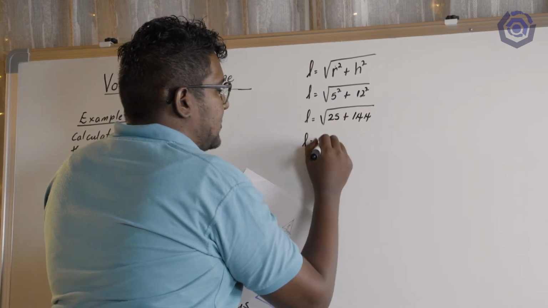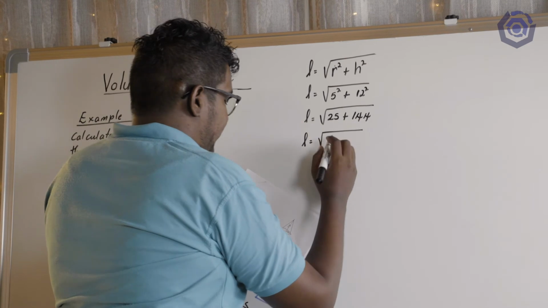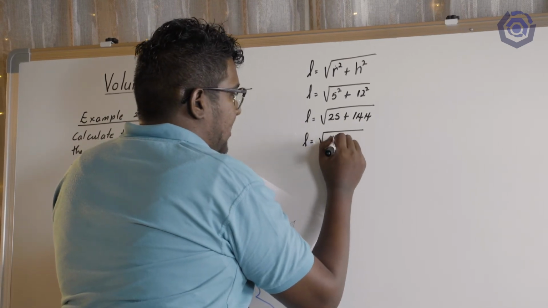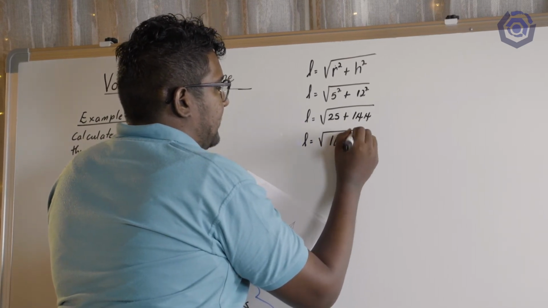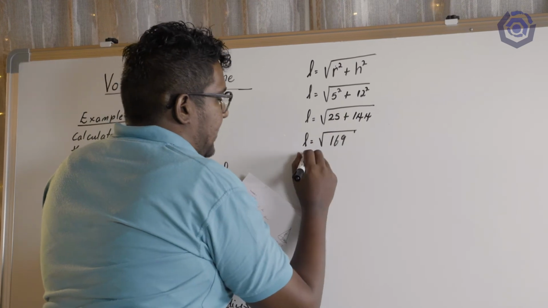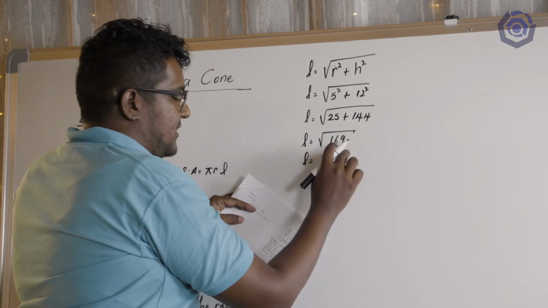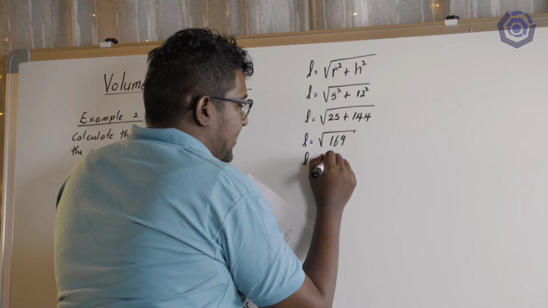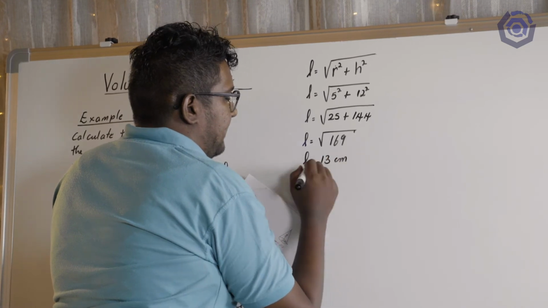L is equal to the square root of 25 plus 144, which gives me 169. The square root of 169 gives me 13 cm.